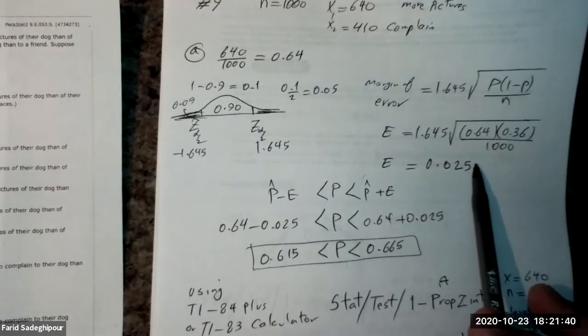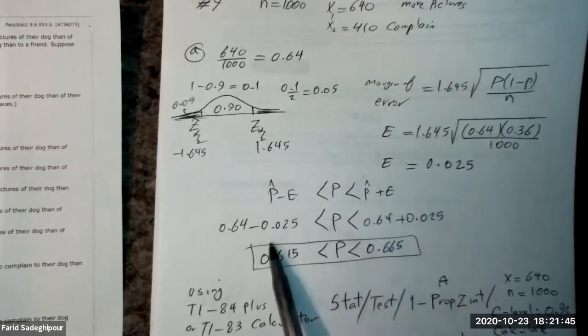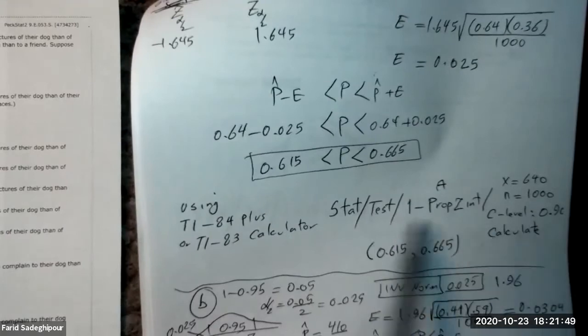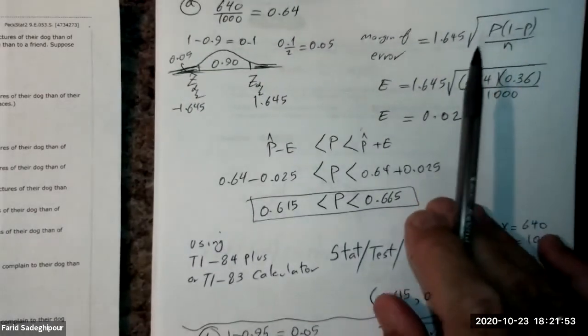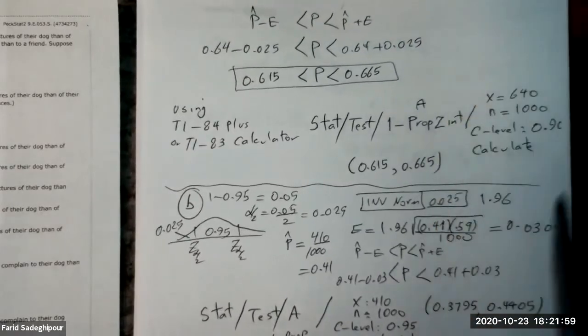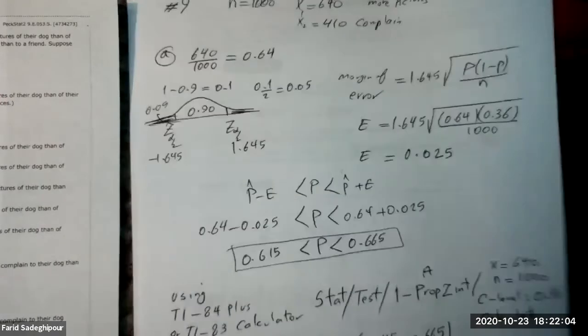First, they want you to do it for these guys, for 640. And then when you find the E, you put it into these calculations. And here I show you how to use a calculator to find that number. And for the second X value in part B, they want you to use the second X value, which is 410. We do that one here, and we do the calculation, okay?